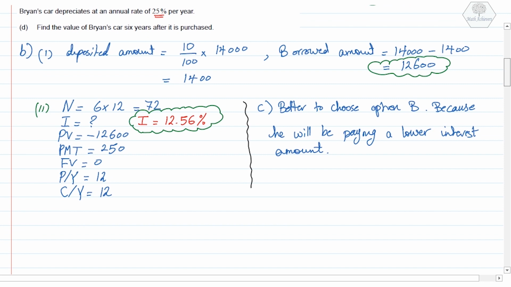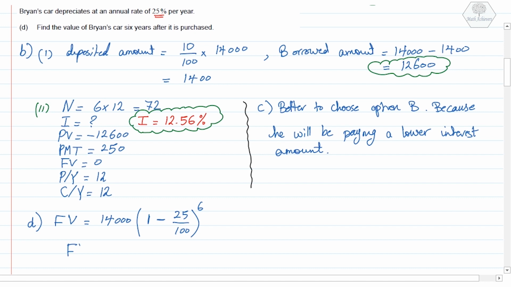So for part D, we have the future value equal to the present value, which is 14,000, times 1 minus, because it depreciates, 25 over 100, all of it to the power of the number of years, which is 6.